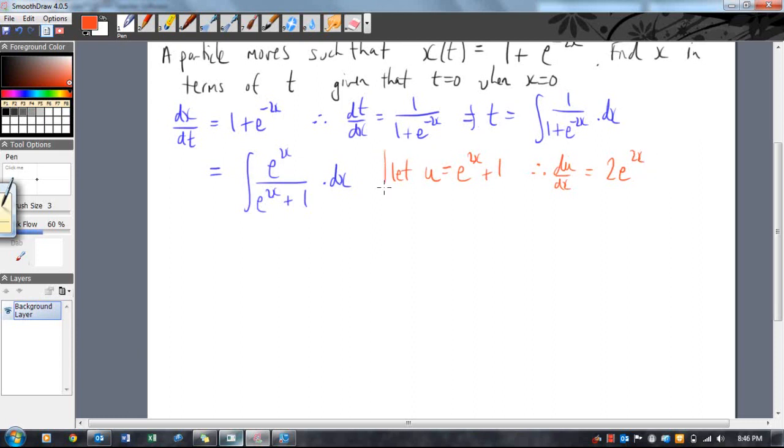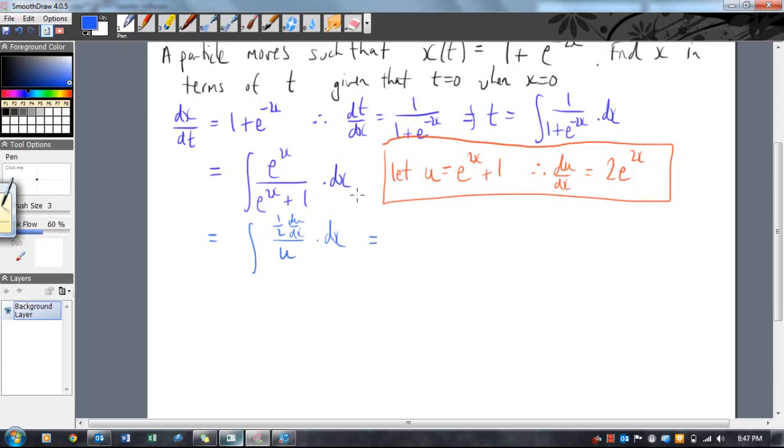We're going to use that to substitute in here. So that's equal to the integral, on the bottom line that's u. On the top line, e to the 2x is half of du dx, so half du dx.